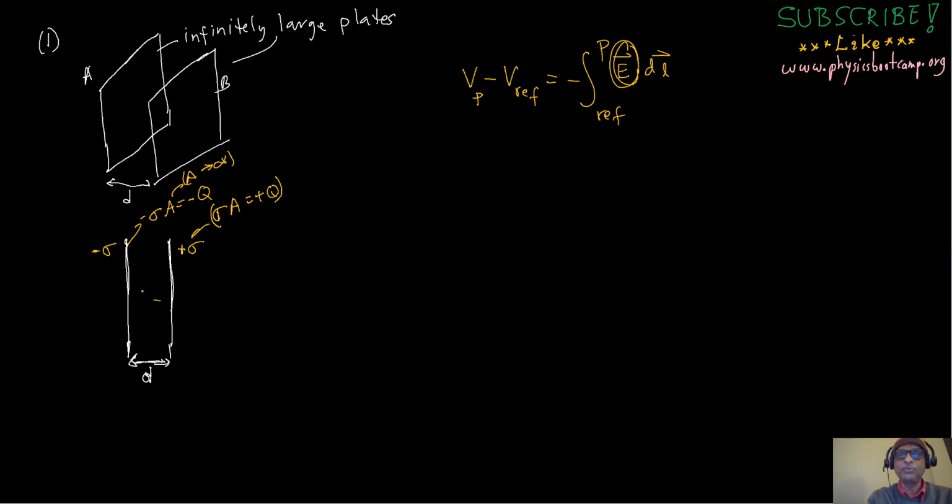Sure enough, if you have a plus sigma and minus sigma and infinitely large plates, then the electric field at any point P is basically going to go from the positive plate towards the negative plate. Electric field pointed that way, and the electric field has a magnitude sigma over epsilon naught.